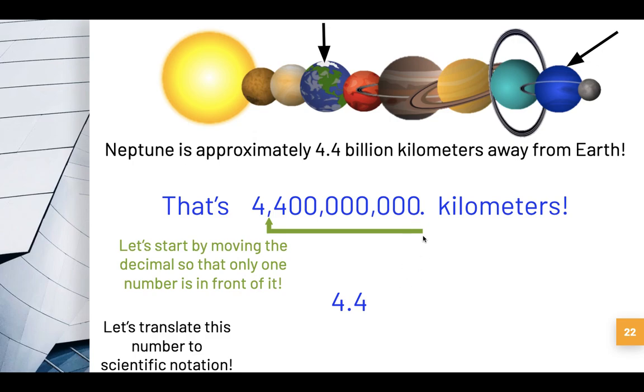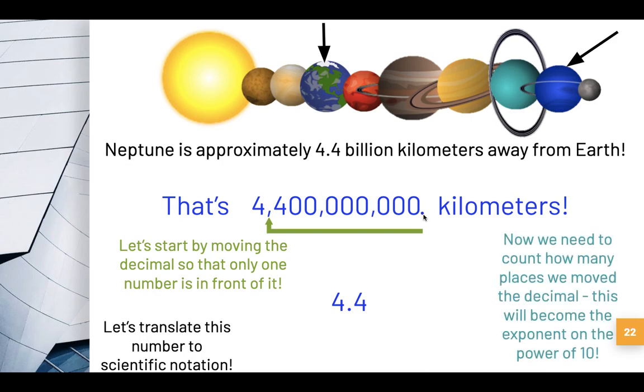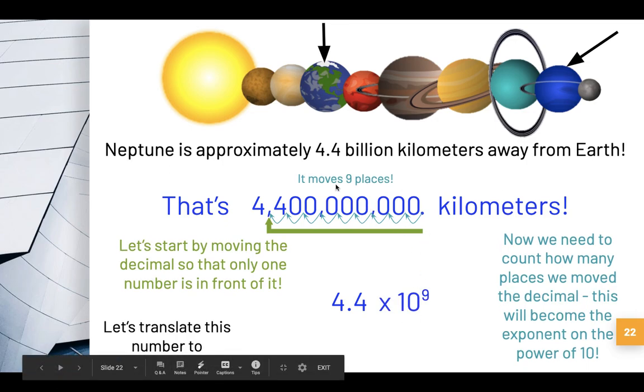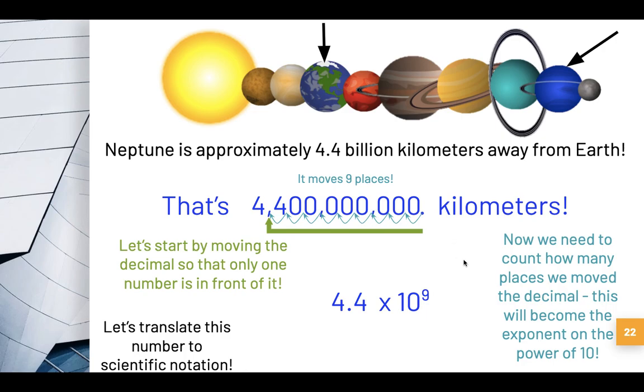Now we have to figure out how many places we move the decimal. This will become the exponent on our power of 10. So we moved it 3, 6, 9. 9 places. So that would be our exponent. It's going to be times 10 to the 9th power, since we moved it 9 places.